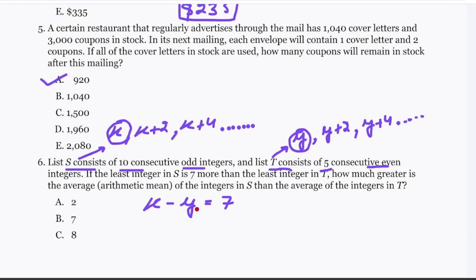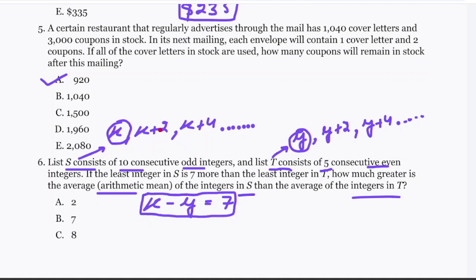The first thing is, this is clear. x equals y plus 7. Okay. Next, they ask how much greater is the average of S than the average of integers in T. So I have only one thing known to me. Now, what is the average of consecutive odd integers?